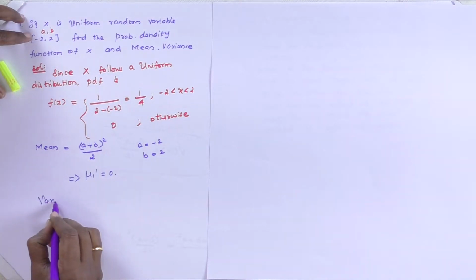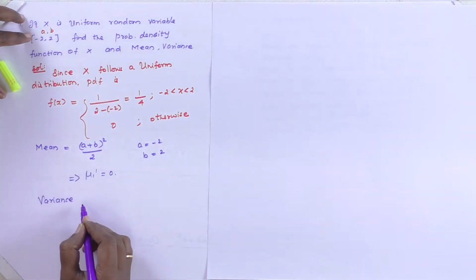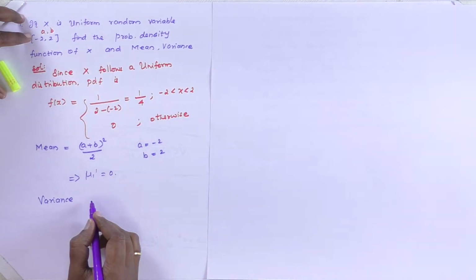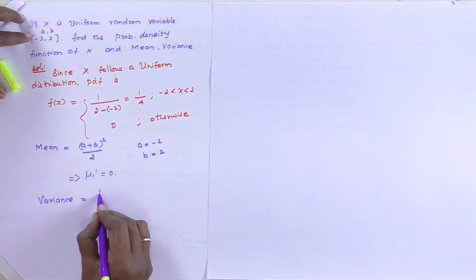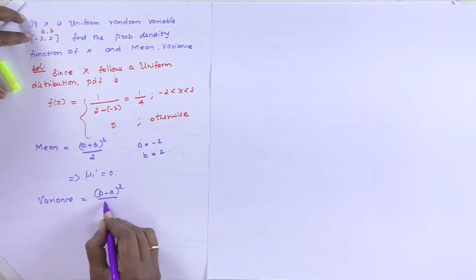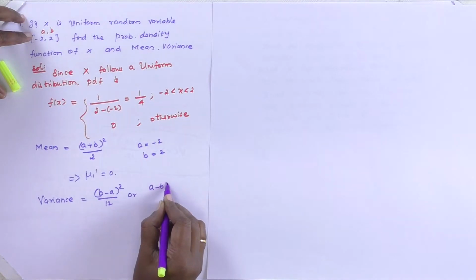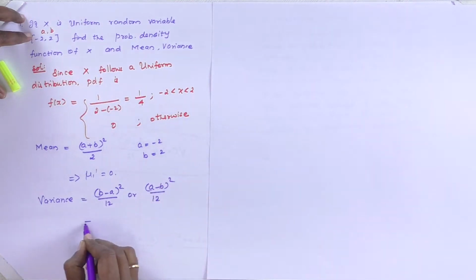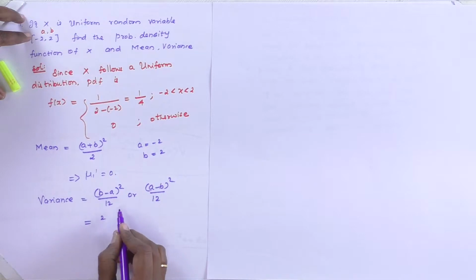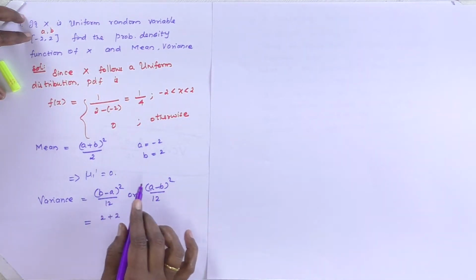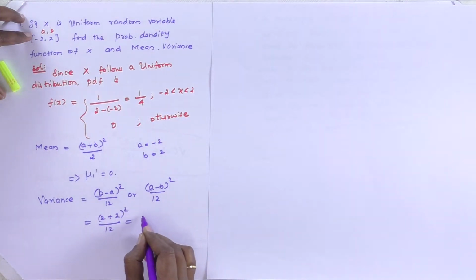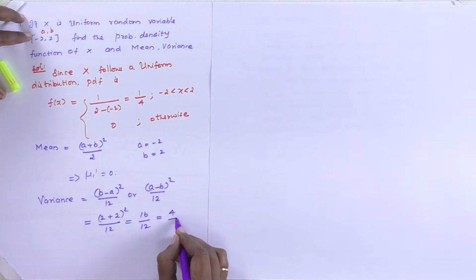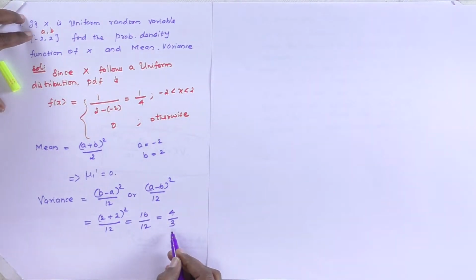And variance, we know the variance formula: b minus a the whole square divided by 12. Now substitute the a and b values here. B is 2, minus of -2 is plus 2, so 4 square is 16, divided by 12, that is 4 by 3. Therefore variance is 4 by 3.